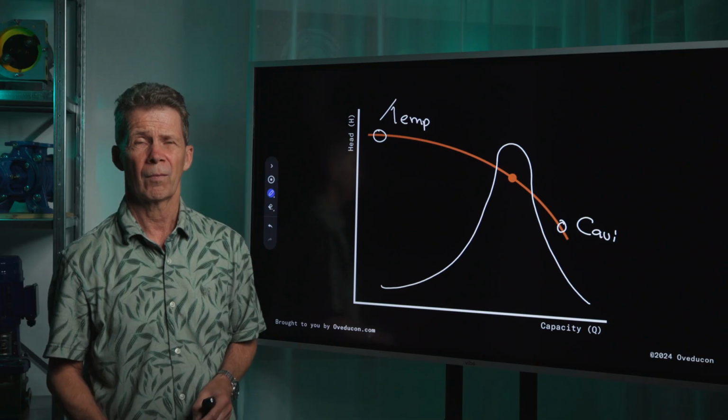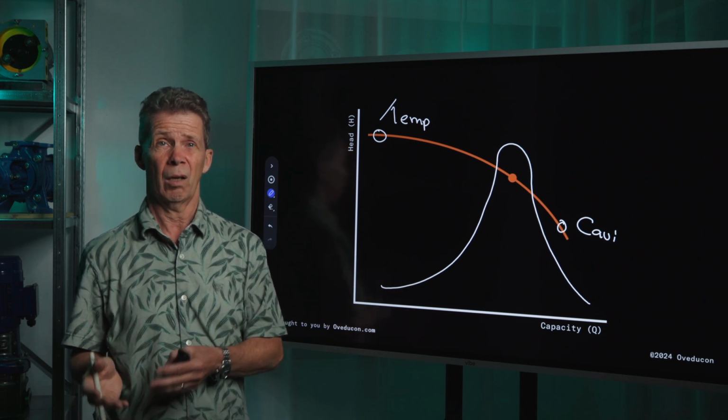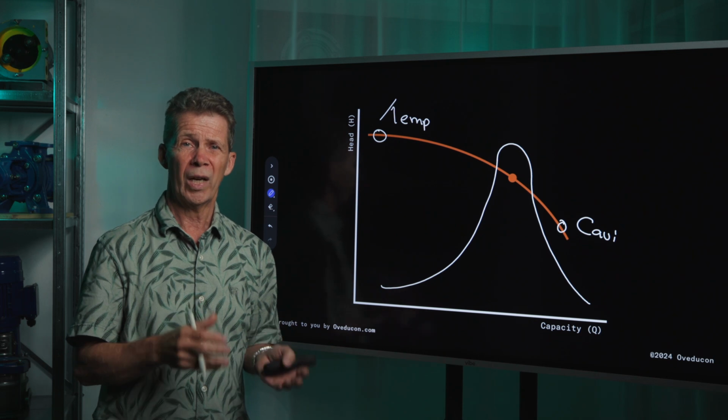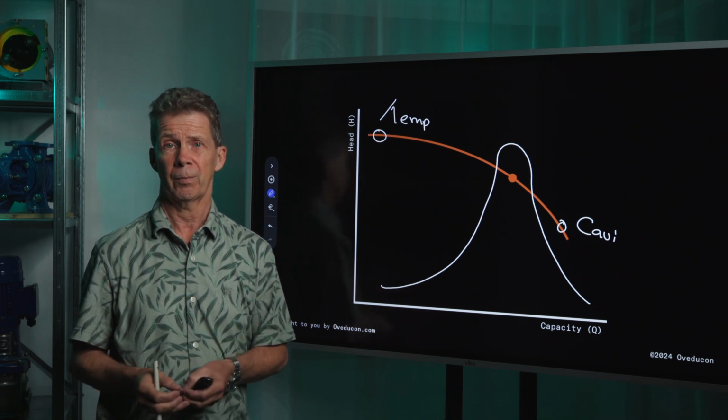Cavitation. So we can't size a pump anywhere on the pump curve. And also we know that the reliability of the pump is related to where the pump is operating in its curve. So where on the curve should we size a pump?